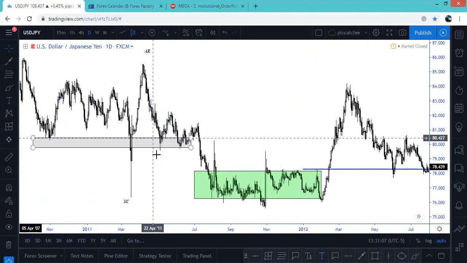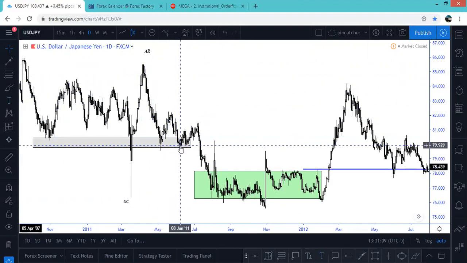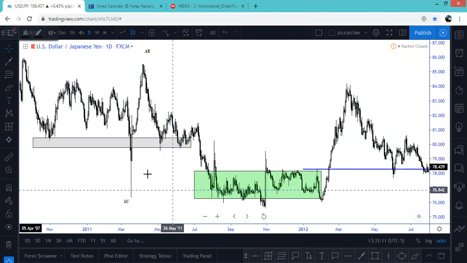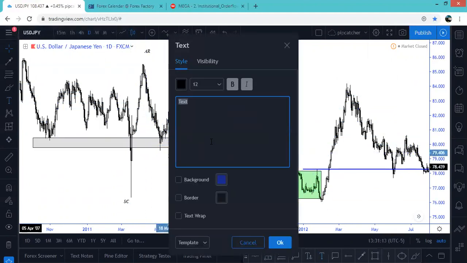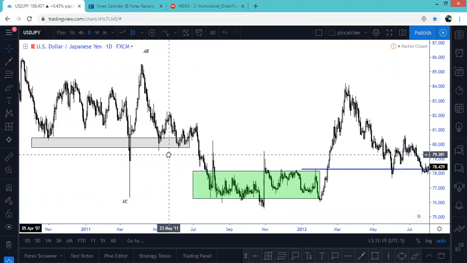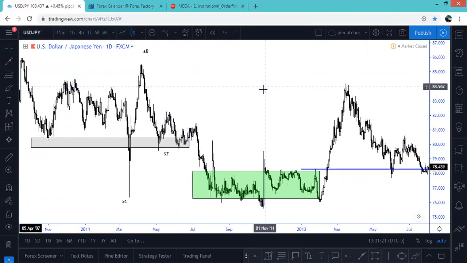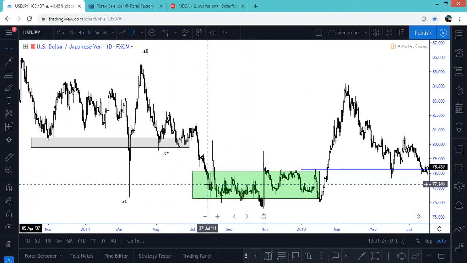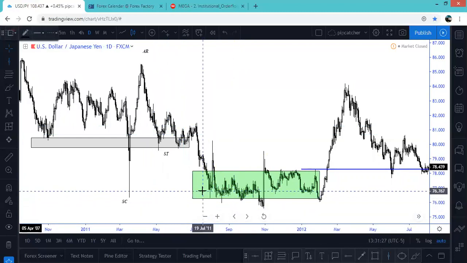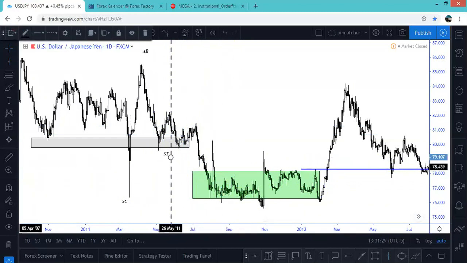When we come down here, we have this secondary and third test. So let's just do secondary test like this. And what do we have? This phase B, right? So let's say we're in phase A.